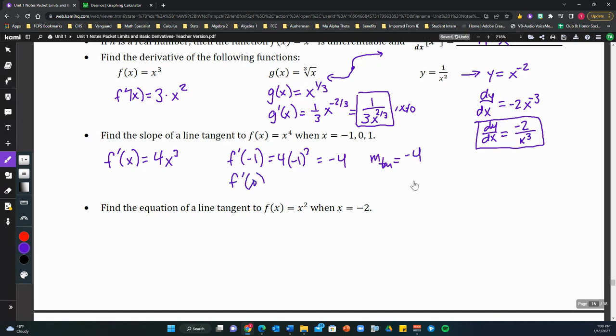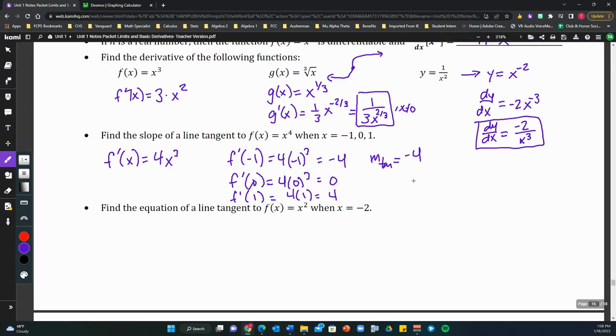And then f prime of 0 would be 4 times 0 cubed, or 0. And then f prime at +1 would be +4. That's it. So again, it's the same concept, but now we have these shortcut rules that will speed up this process and make it a lot faster.